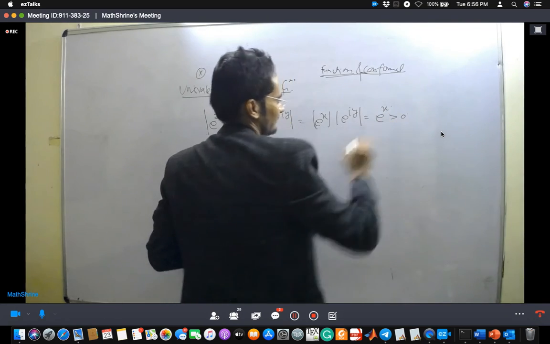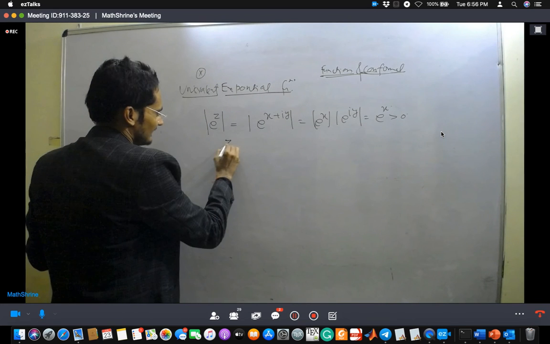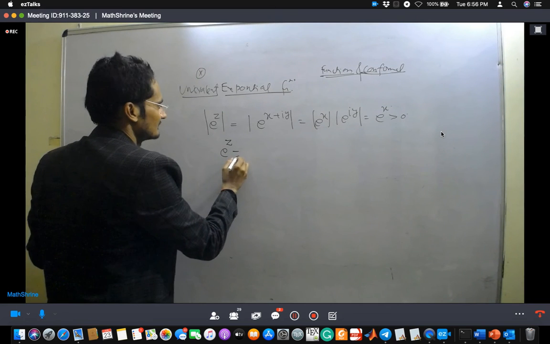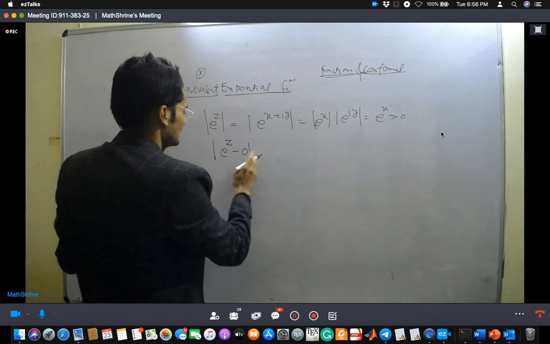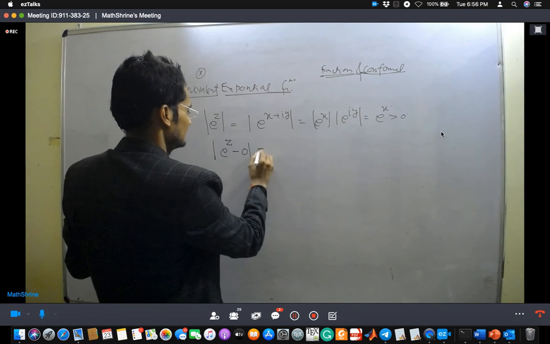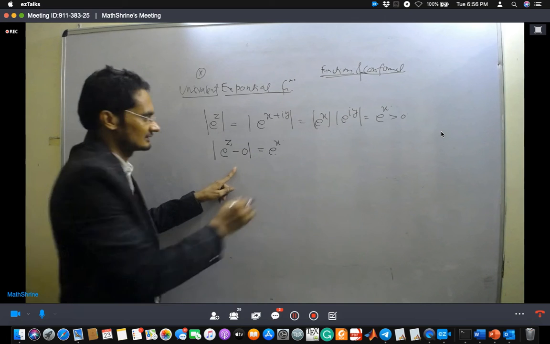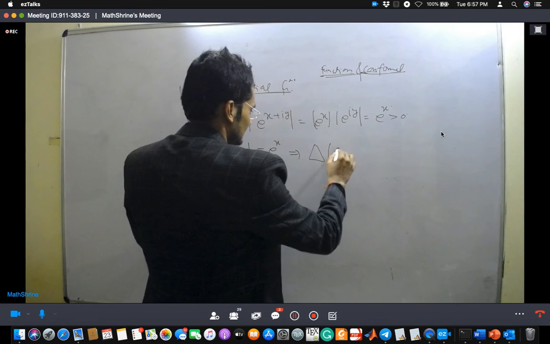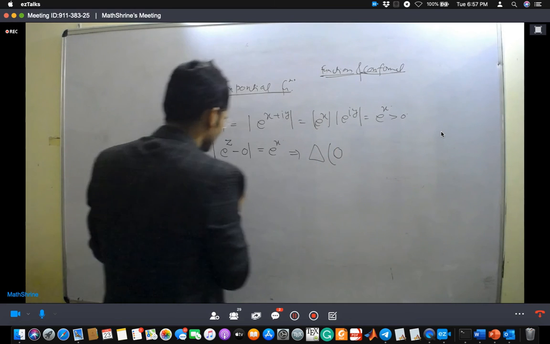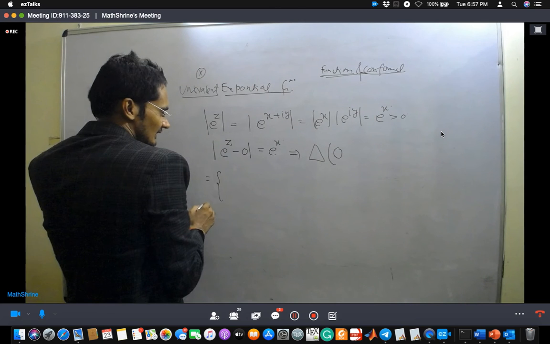What is this, if I remember? If you notice, this is a disk with center 0, or we can write it as the collection of all those z in C such that... okay, give me a minute.